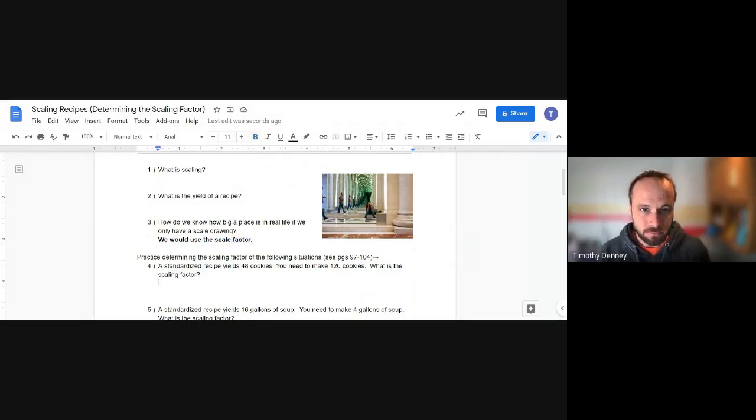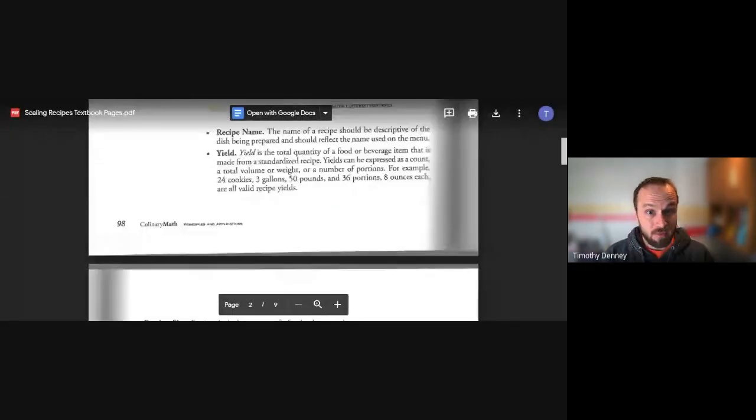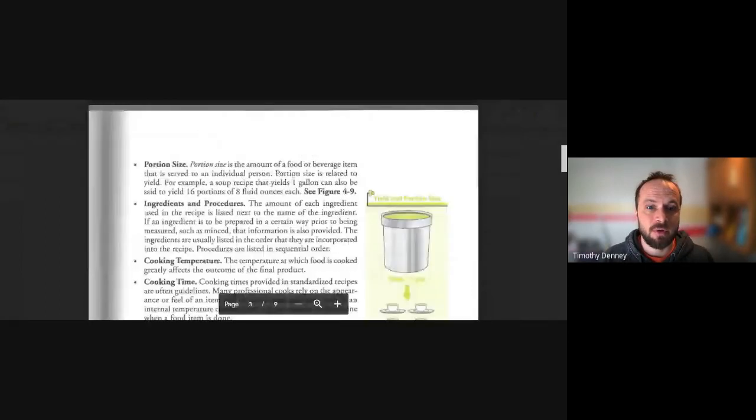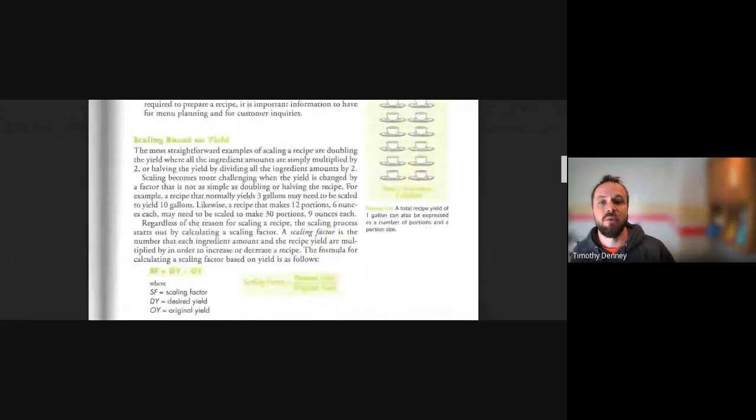I'm going to go back to the notes page. Right under here, let's skip down to scaling based upon yield. The most straightforward examples of scaling a recipe are doubling the yield, where all the ingredient amounts are simply multiplied by 2, or halving the yield by dividing all the ingredient amounts by 2.